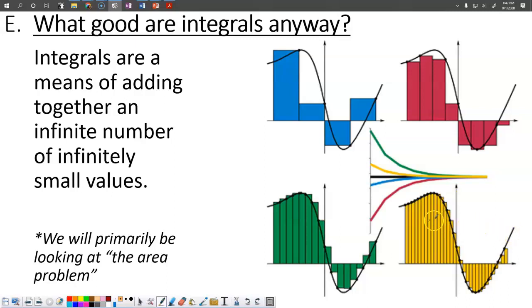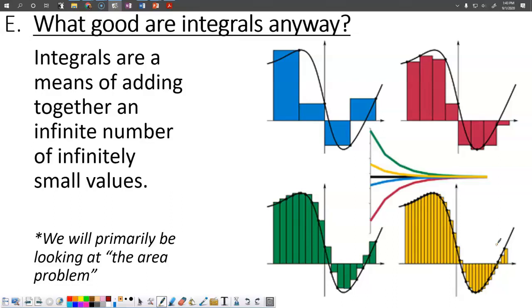And so what if there was a way I could let the width of these rectangles become infinitely small? That would actually give me the exact area under the curve, if I could let those rectangles become infinitely skinny, like they're just a straight line. Now, if I made them infinitely skinny, that means I could fit infinitely many of them underneath that line, right?